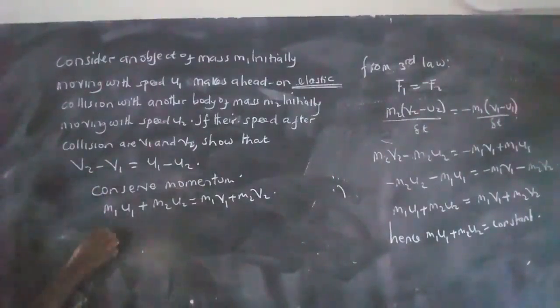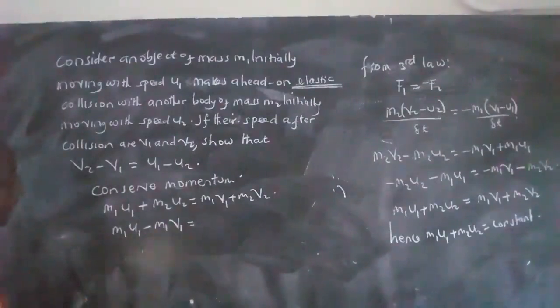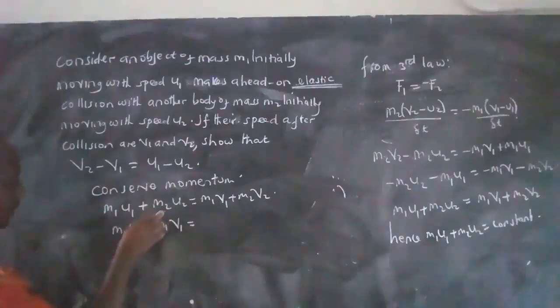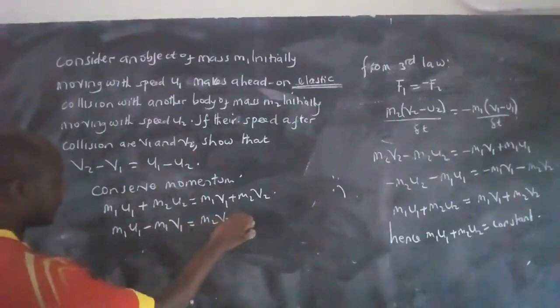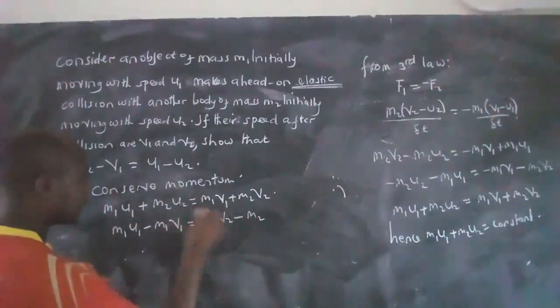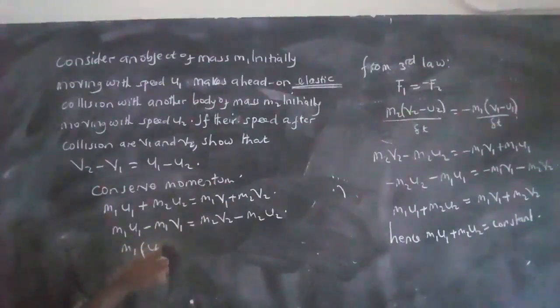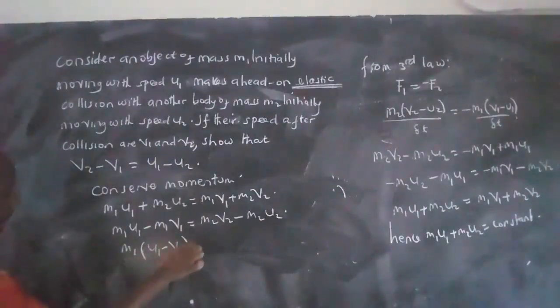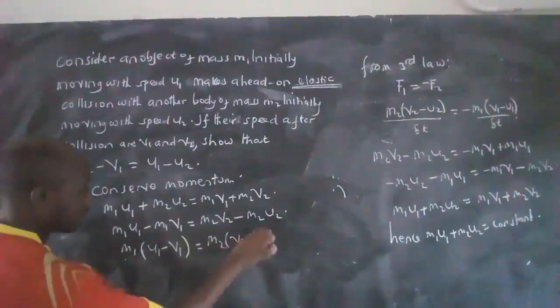So m1 u1 minus m1 v1 is equal to m2 v2 minus m2 u2. So our m1 into u1 minus v1 is equal to m2 into v2 minus u2.